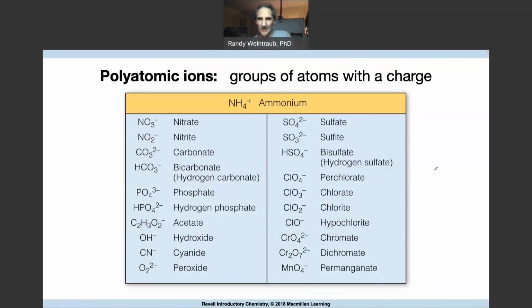The formulas for these are in this table, and you always have this reference table, but you should be familiar with identifying these, that they are not monoatomic ions, but polyatomic ions. As you'd see, most of them are anions, negatively charged, with the exception of ammonium, which is the only common positive polyatomic.